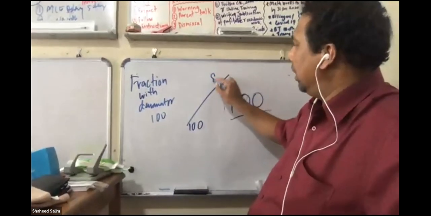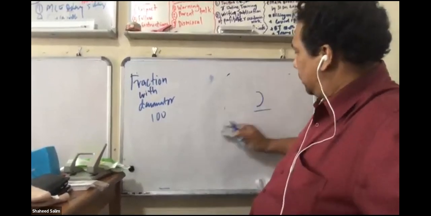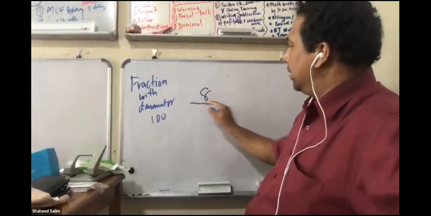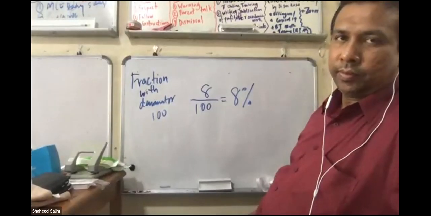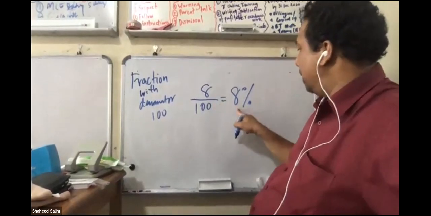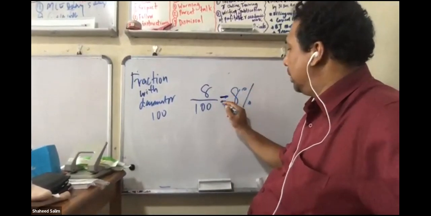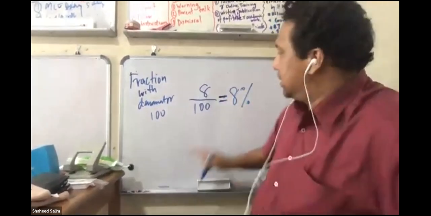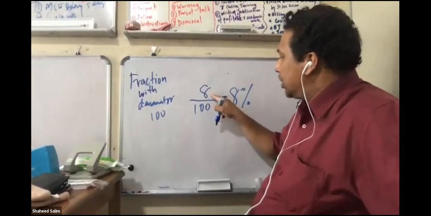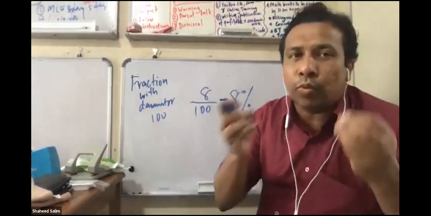Let's say now, 8/100 like this. This is actually, I want to write it like this. This is the same thing. 8/100 and 8% are equal. Maybe you want to write it down somewhere. Percentage is a fraction with the denominator of 100. That's what it is.